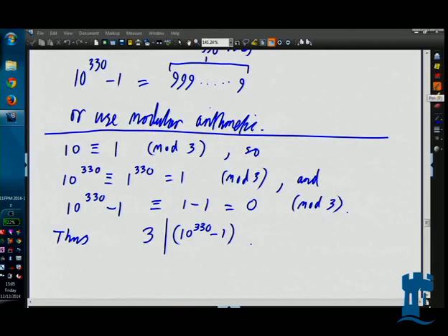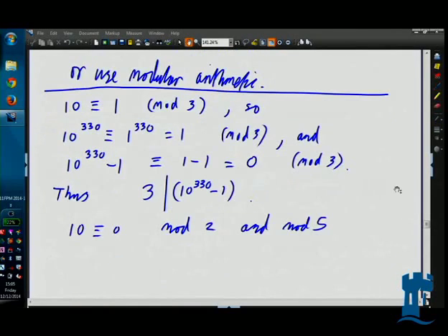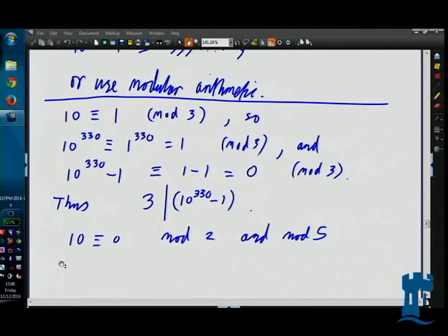2 and 5 are pretty easy. 10 is congruent to 0 mod 2 and mod 5. So 10 to the 330 is still congruent to 0 mod 2 and mod 5.